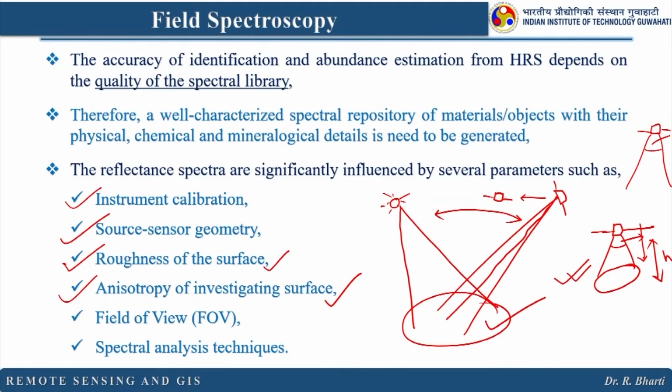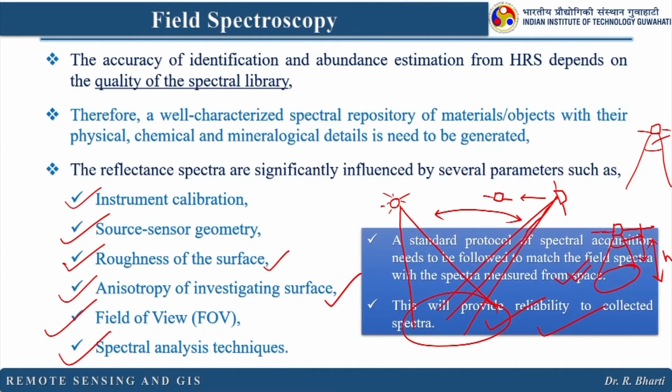So, if the material is bright, it will reflect more. And the next one is field of view. I have already explained here. Then spectral analysis technique: what technique, what method you are using to analyze this spectra with respect to library spectra, right. So, these two things are very, very important.